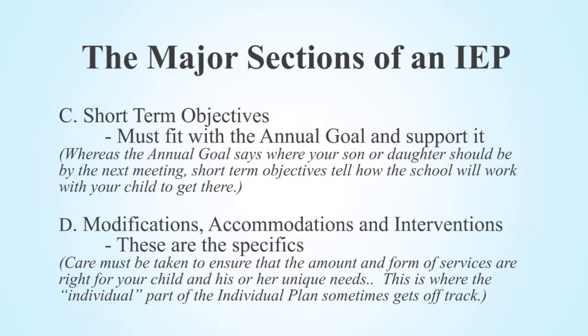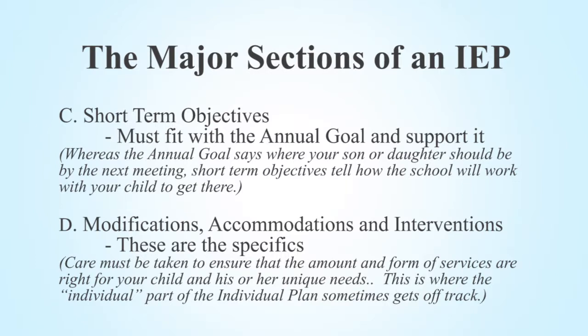If the current levels of performance are wrong, or if the goal is not an accurate goal or a good goal, the entire program could be inappropriate for your child. So it's important that you think about these things and that you know what you're looking at and know what you're signing. The third major section is short-term objectives.